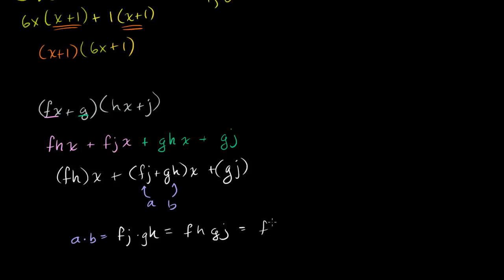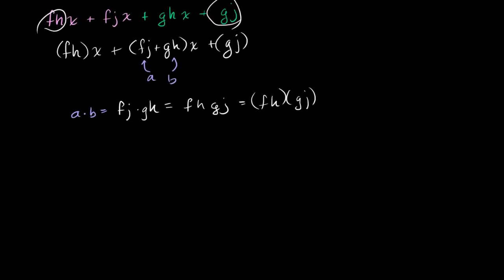This is equal to the first coefficient times the constant term. So a plus b will be equal to the middle coefficient, and a times b will equal the first coefficient times the constant term. So that's why this whole factoring by grouping works, and how we're able to figure out what a and b are. Now, I'm going to close up with something slightly different, just to make sure that you have a well-rounded education in factoring things.